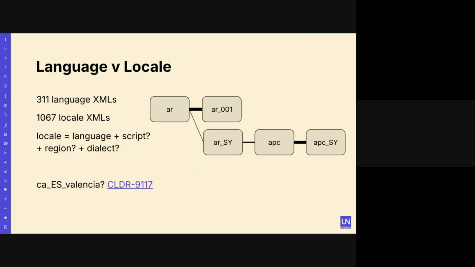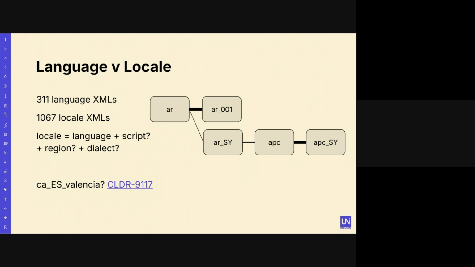Conrad, are you going to talk about parent locales versus child locales as well? There might be a distinction to be made here, since AR-001, World Arabic, which is what we call Modern Standard Arabic, is the default parent locale for Arabic, and Arabic Syria would be a child locale. That means anything in the Arabic parent locale will automatically forward to Arabic Syria, except if a vetter goes in and makes exceptions.